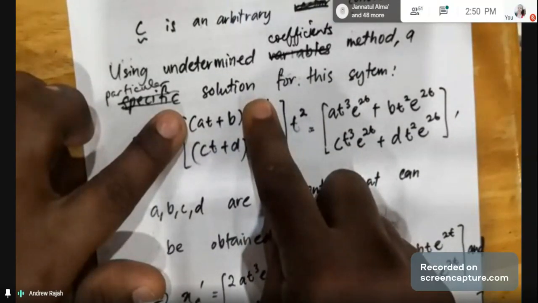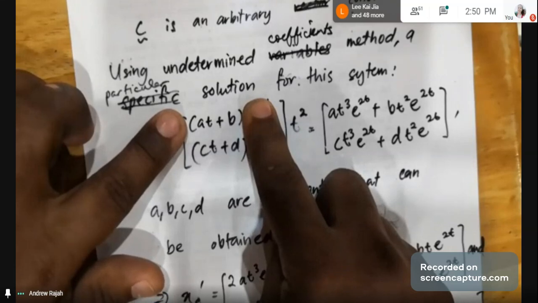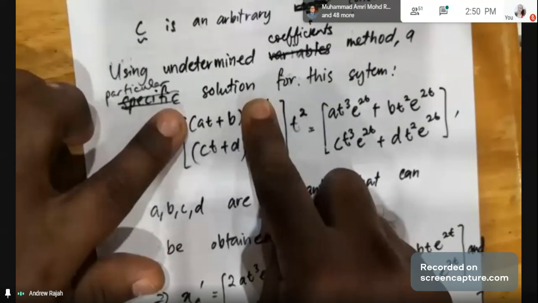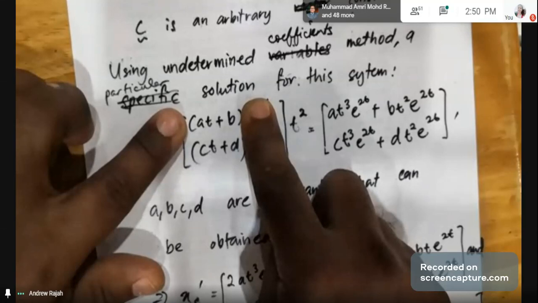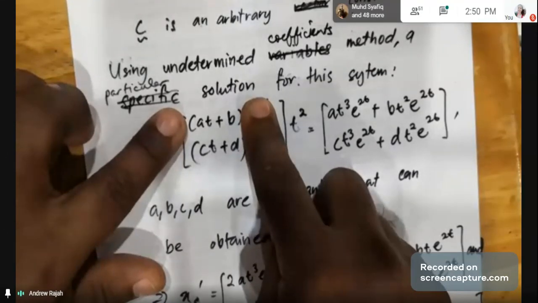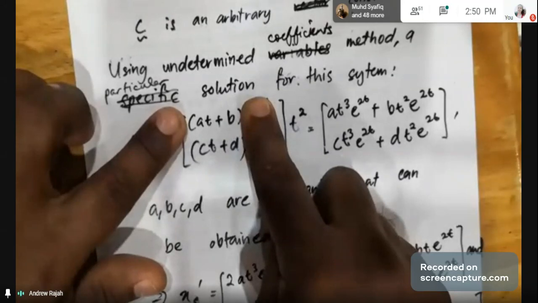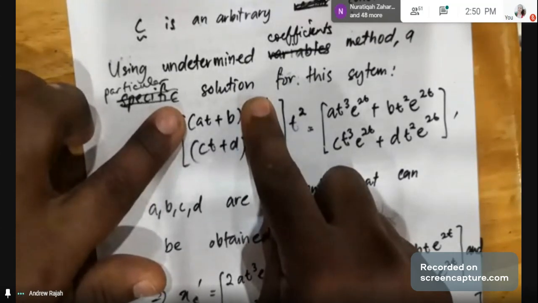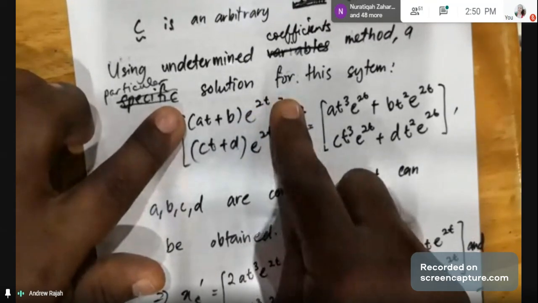But which polynomial of degree 1, you don't know, so this is a general polynomial of degree 1, At plus B. The part that makes it non-homogeneous is 2t e to the power of 2t, a polynomial of degree 1 times e to the power of 2t.